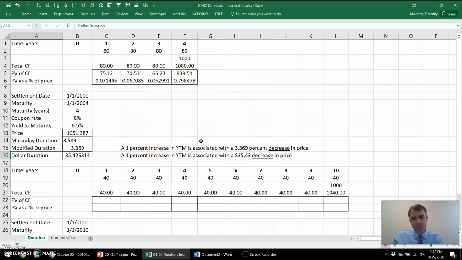So dollar duration measures interest rate sensitivity in dollars. Great.